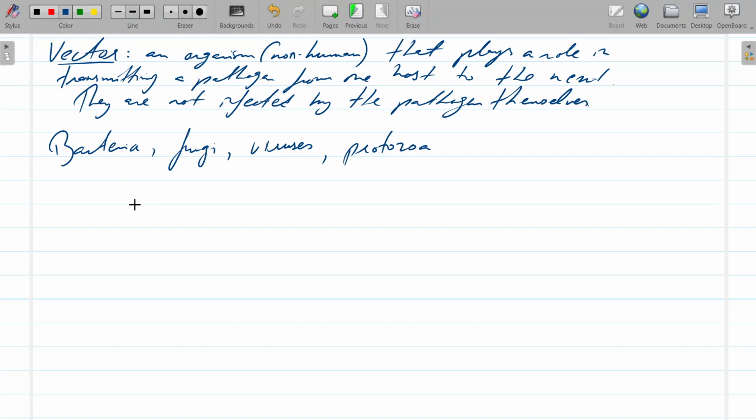So examples of diseases caused by these. If you've heard of tetanus, or diarrhea, or cholera, those are caused by bacteria.